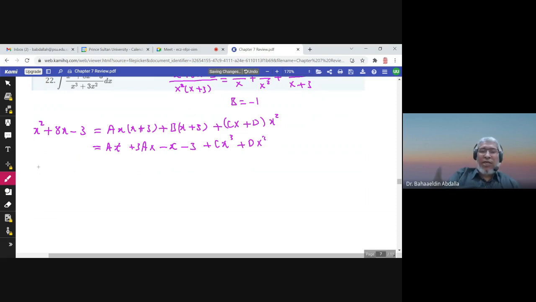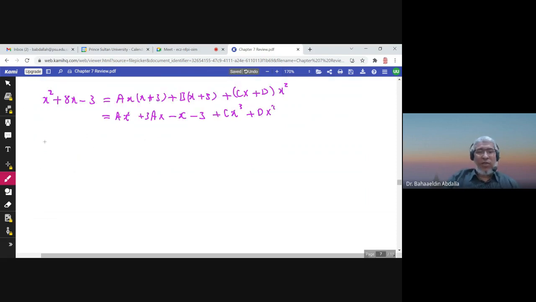And now I will take negative x minus 3 to the other side, so I will have x squared plus 8x plus x would be plus 9x, minus 3 will cancel with negative 3. These two will be cancelled. I have cx cubed. Let me write it first. And then I have ax squared plus dx squared, so I can write it as a plus d times x squared, and then I have 3ax.